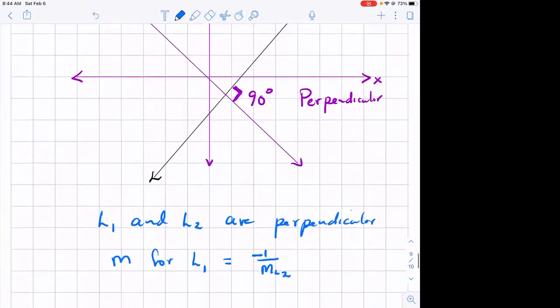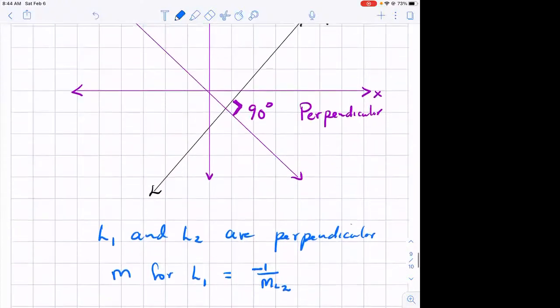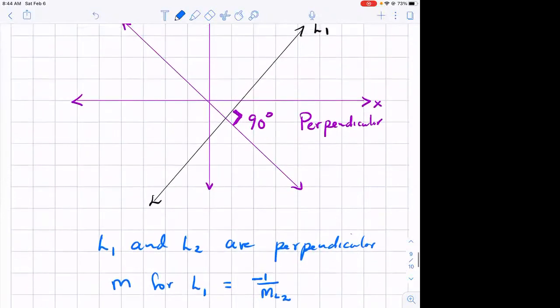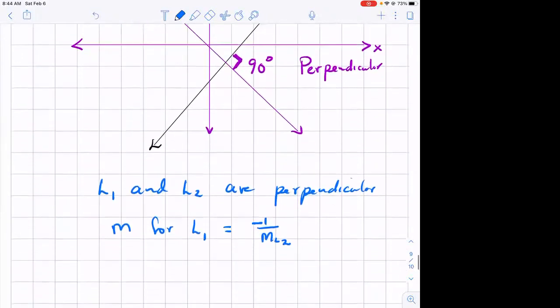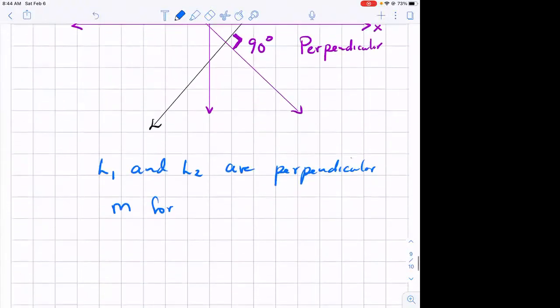Okay, let's just make sure we have the notation correct. So line 1 slope is positive, so I need to change that. Okay, so M of line 2 is going to be the negative reciprocal of M of line 1, sorry.